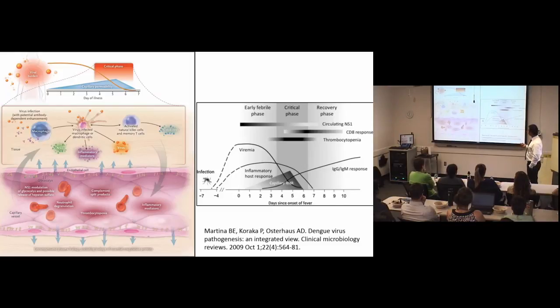Fortunately or unfortunately, this critical phase of leakage only lasts about 2 days, 48 hours, which is lucky in a way, but we are heading for trouble in that phase. That's why we call it the critical phase, where you need extensive monitoring. You monitor certain parameters and look whether the patient is going into shock or profound leakage, so we can give them fluid resuscitation and recover them.